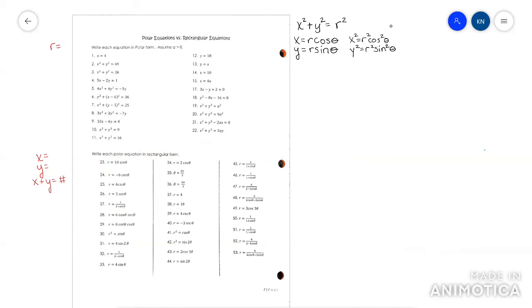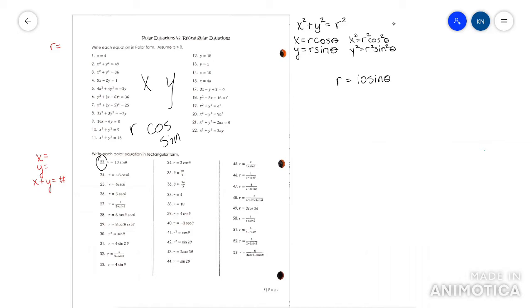Okay, let's look at number 23. When we were going from rectangular to polar, we cared about getting rid of x and y and replacing it with r's and cosines and sines.